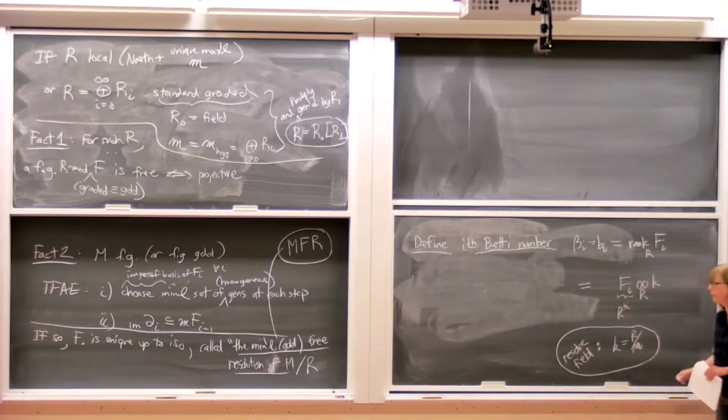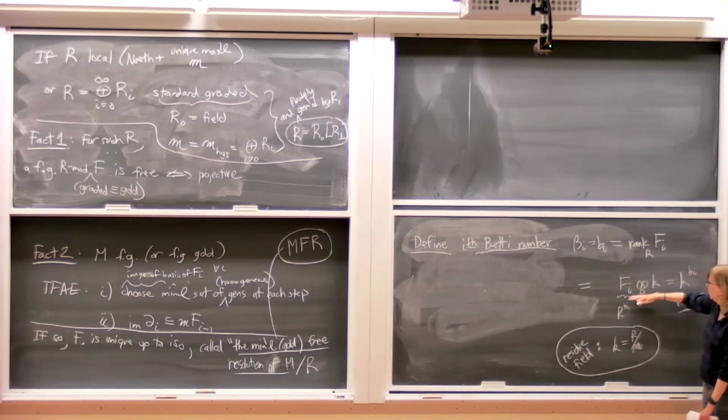So if you take the residue field and you tensor your free module over R with k, k is R mod m, it's like a direct sum of copies of R tensored over R with k, you get a direct sum of copies of k. So you get k to the b_i. You get direct sum k plus k plus k plus k, b_i times. And now this is great because it's a vector space. And vector spaces are sometimes nicer to deal with.